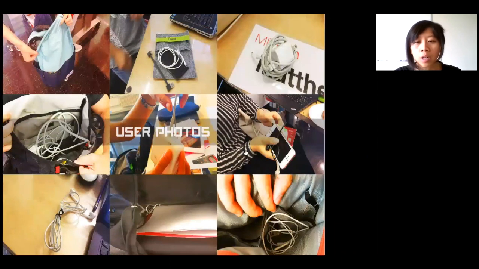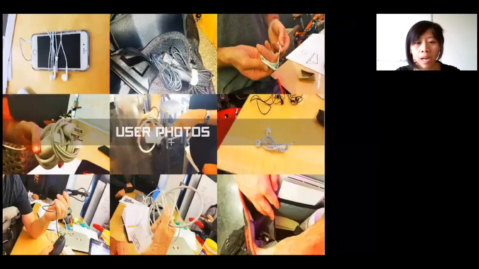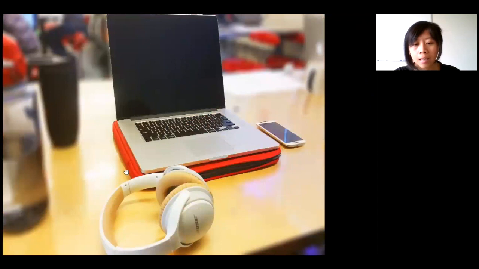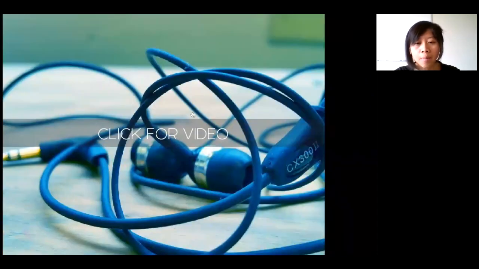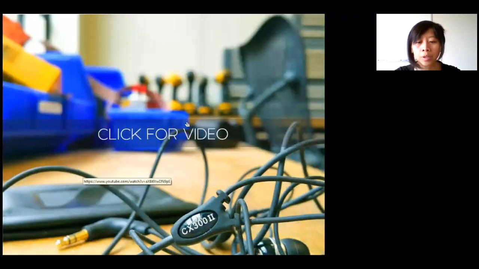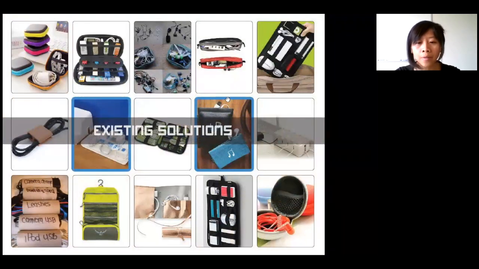So instead, you can show user photos, for example, collages of how different problems are presented throughout the day, and what are some of the coping mechanisms that users currently have. So show lots of photos, and maybe 1 or 2 very, very quick videos for it. And obviously present some of the existing solutions that are out there to see if there's any merit in some of the existing solutions.